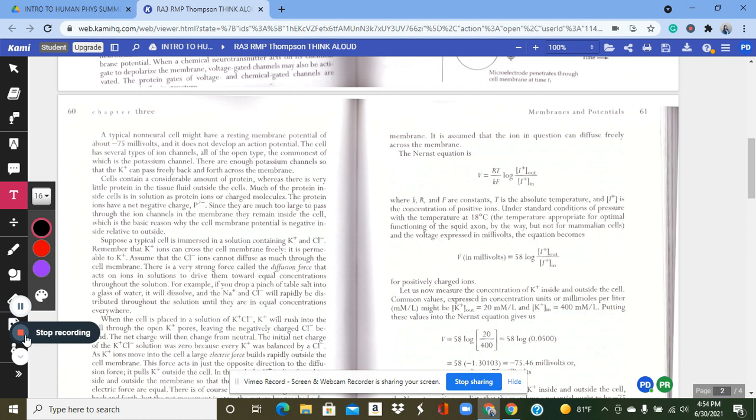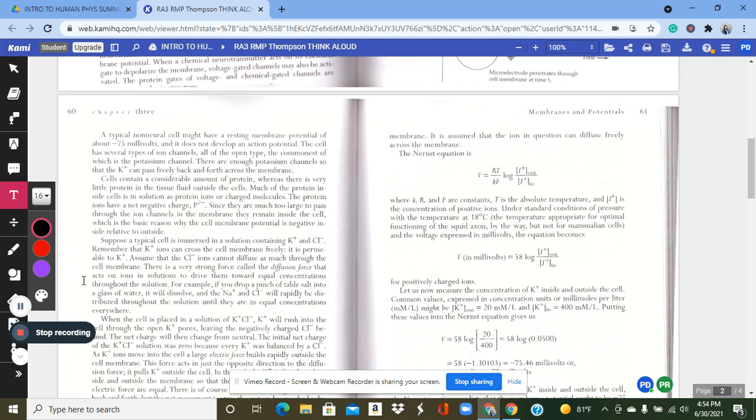I think the membrane is more permeable to K plus than to sodium, because potassium moves down its gradient, out of the cell, more readily than sodium moves into the cell.